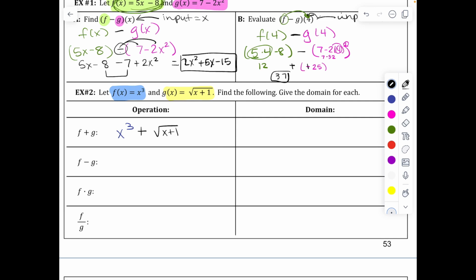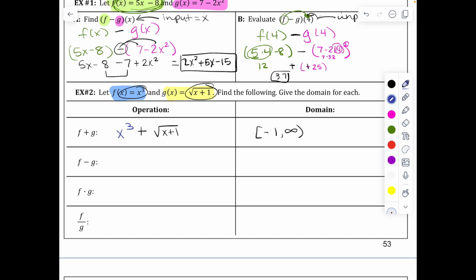Okay, and for that, we know the domain for f of x is all reals, and the domain for g of x means that x has to be negative 1 or bigger. So we know the domain has to include both of them. So that means the domain can only be from negative 1 to infinity.